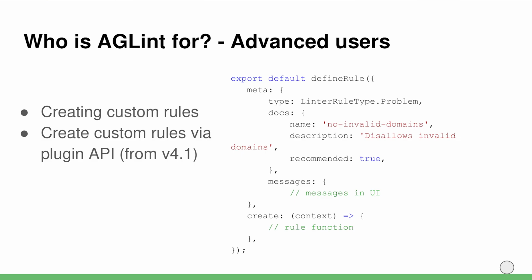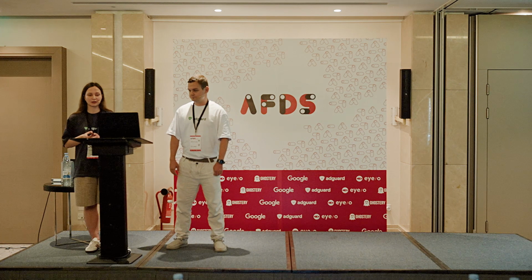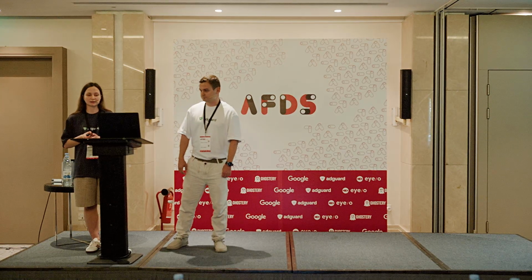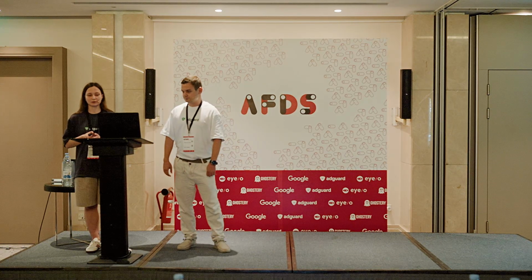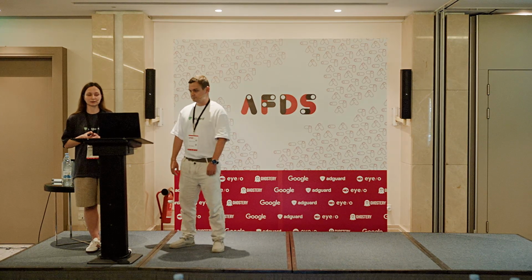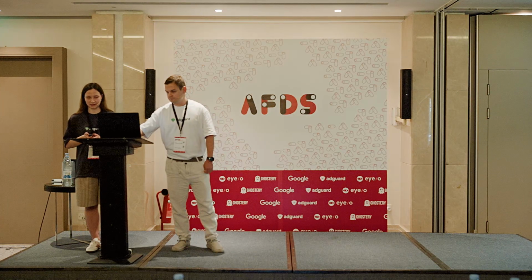AGLint is designed for different kinds of users, depending on their needs and level of involvement. For most maintainers, it's very simple. Just install and initialize the config file and you're all set. You can also use it via the VS Code extension. With that, you get things like syntax highlighting and built-in tools right in your editor, with no extra setup needed.